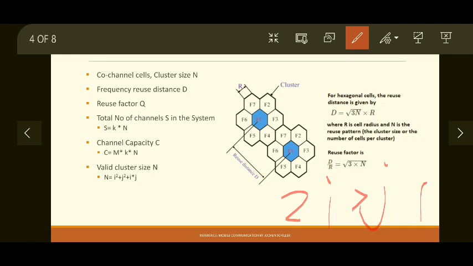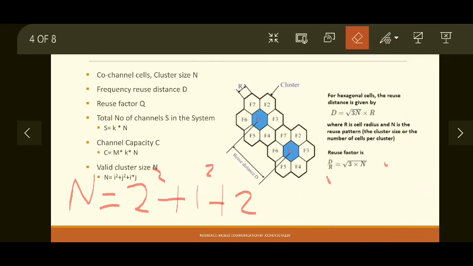So j is 1. So n becomes 2 square plus 1 square plus 2 into 1, that is 2. So 4 plus 1 is 5, plus 2. That's why n will be equal to 7. So that is how you can calculate the cluster size.